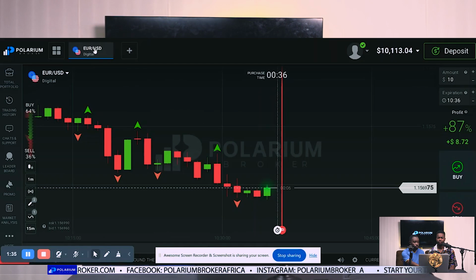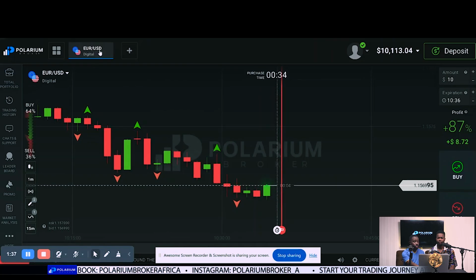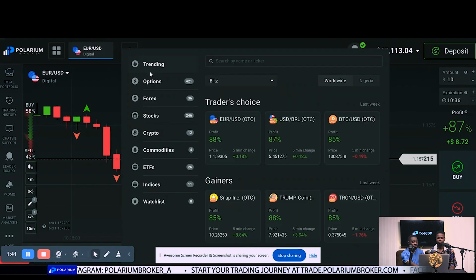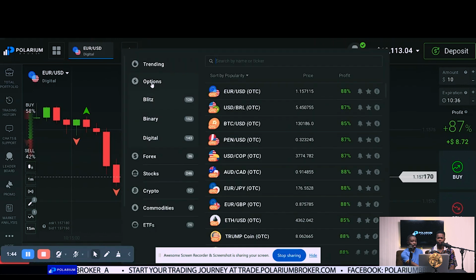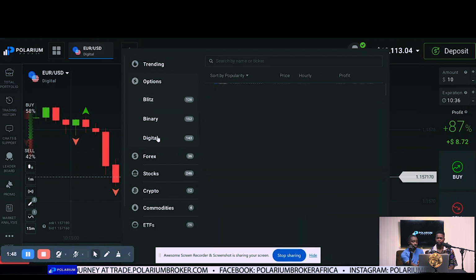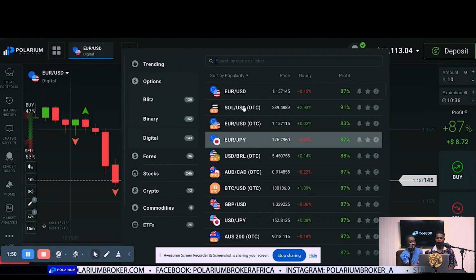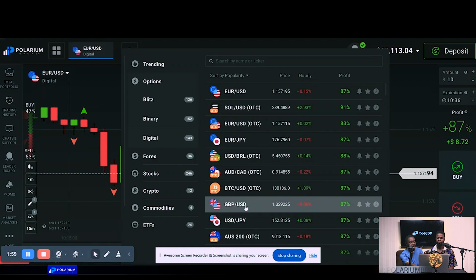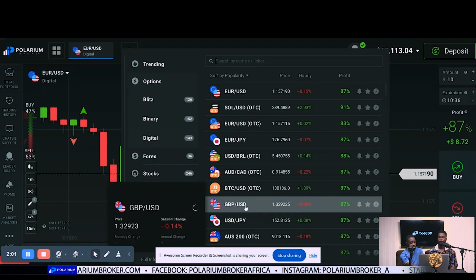If we open this new asset and come to options here, we see a list of currencies under digital. This is Euro USD, this is Euro JPY, this is GBP against USD. Comparison is basically about comparing a currency value against the other.